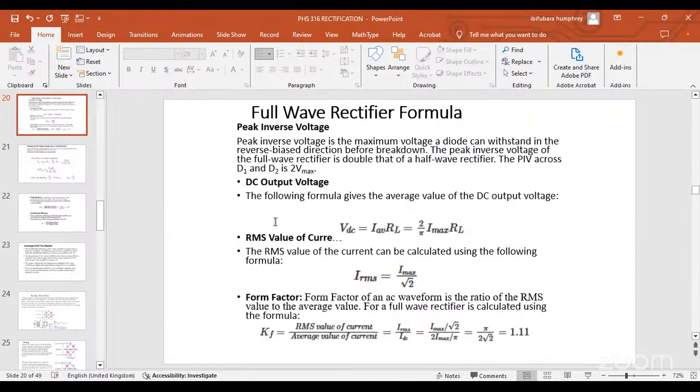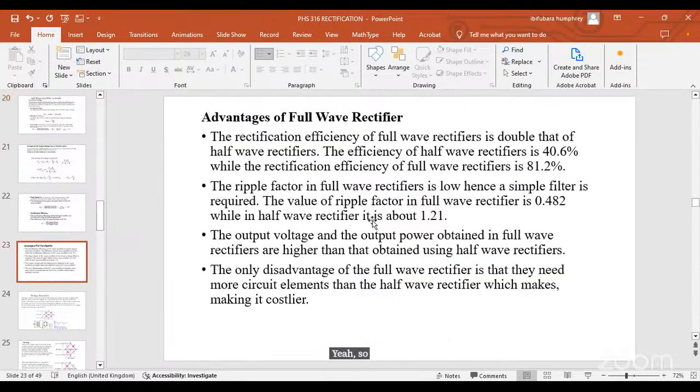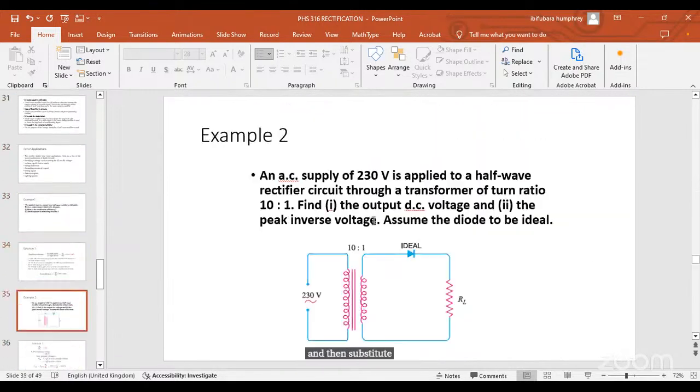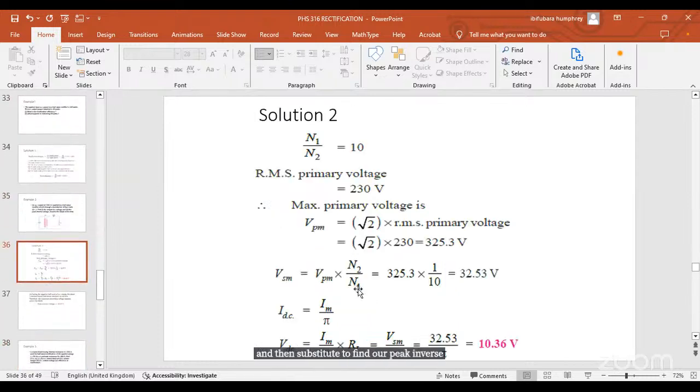Peak inverse voltage here. So we need to find our current and then substitute to find our peak inverse voltage. So the direct current is equal to Imax over pi.